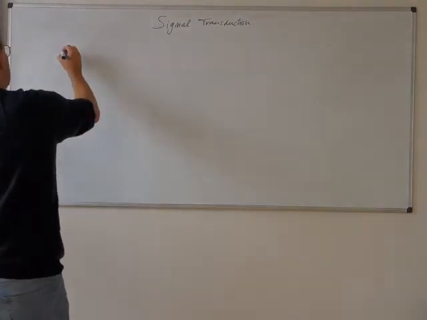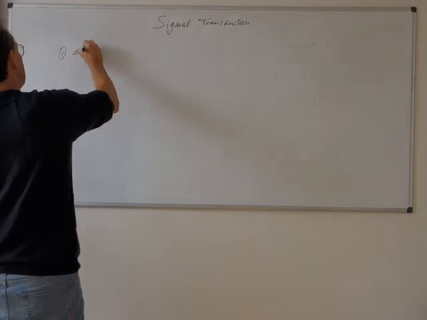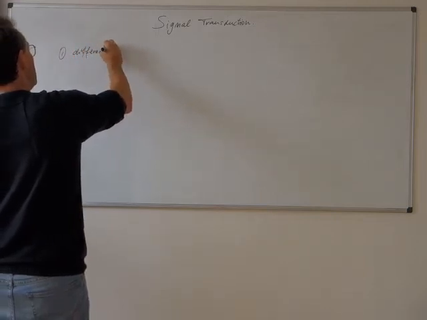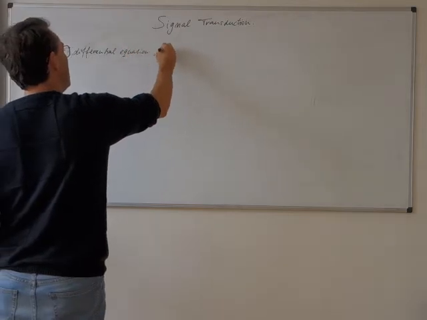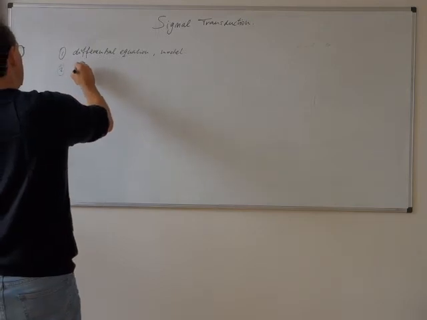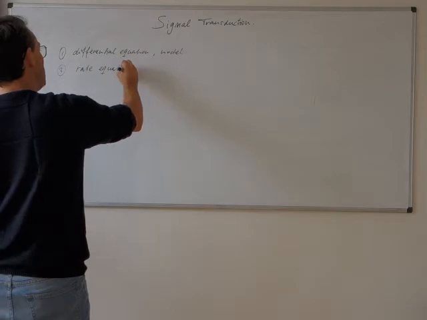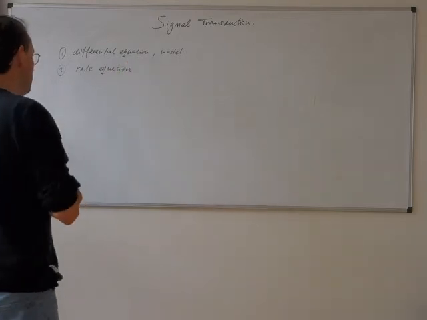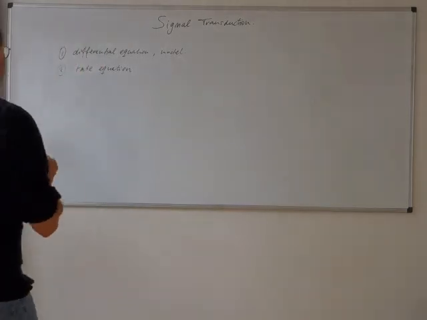Okay, so what we need to do is we need to write down a differential equation. We need to make a model, right? That model needs rate equations. So there are certain processes, so binding processes and phosphorylation and dephosphorylation reactions that occur at certain rates, and so we need to find these rate equations.